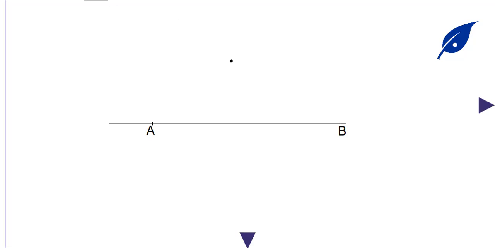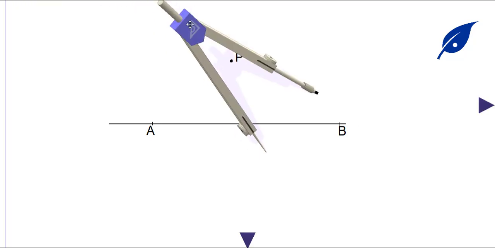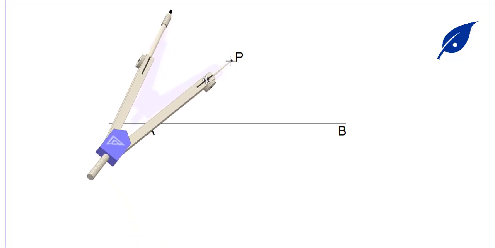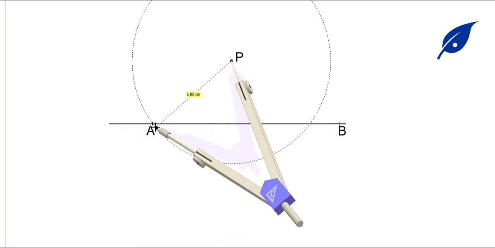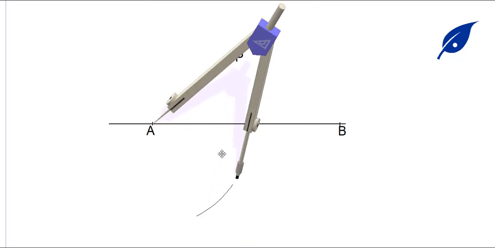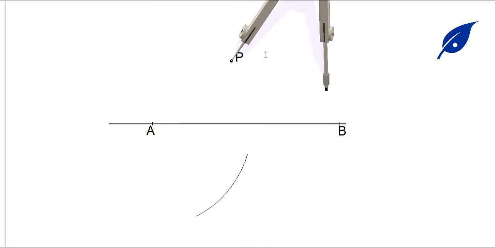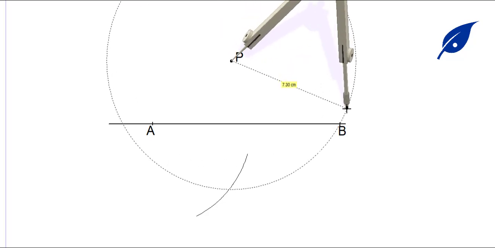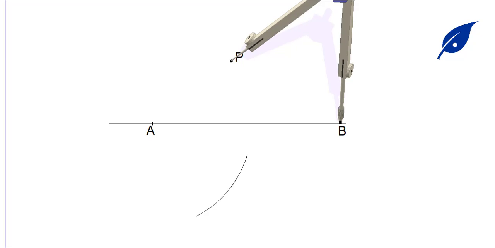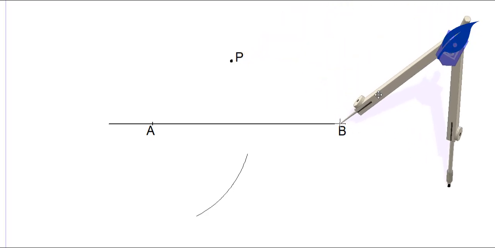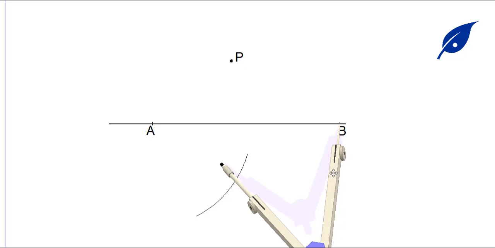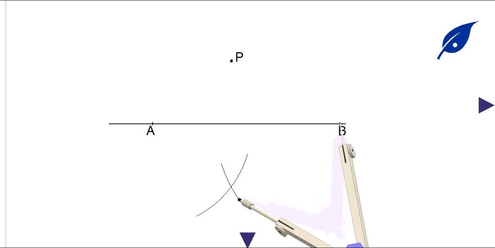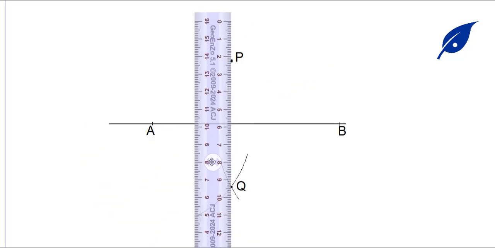With the radius AP and the center at A, we will describe an arc below the line AB, and with the radius BP and the center at B, we will describe an arc below the line AB to give us a new point Q. Connect the points P and Q to give us a perpendicular line PQ to the line AB.